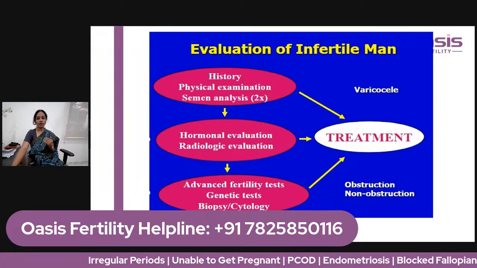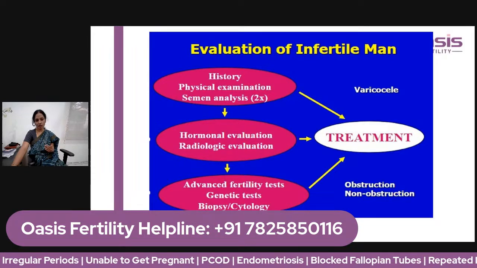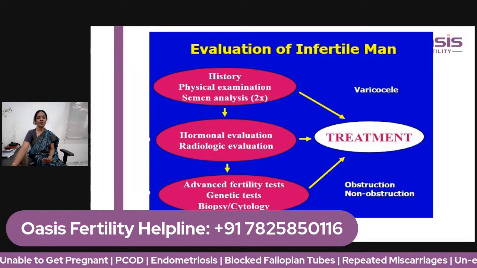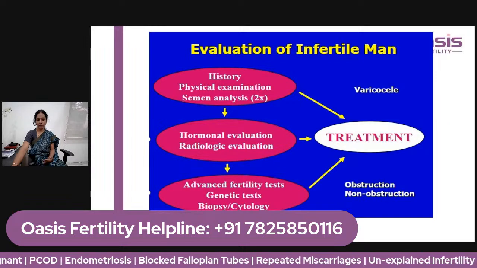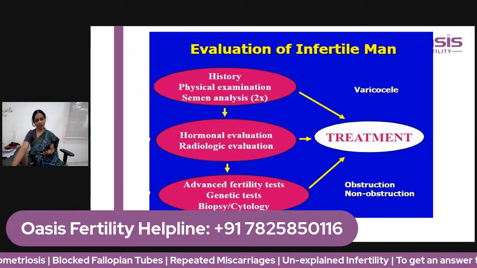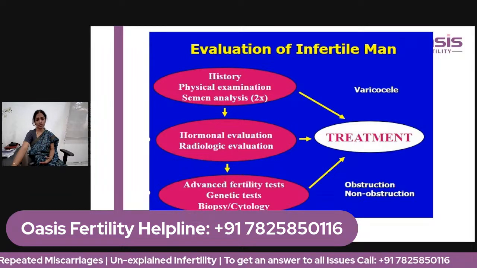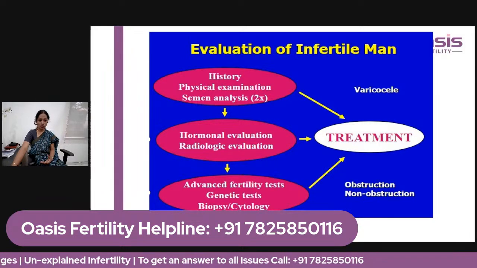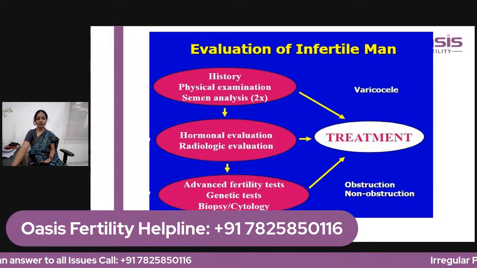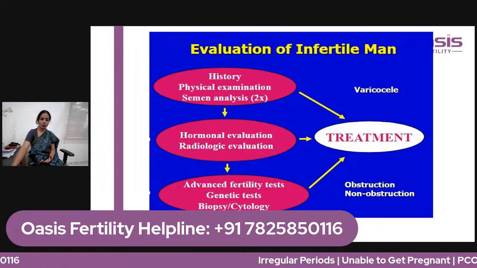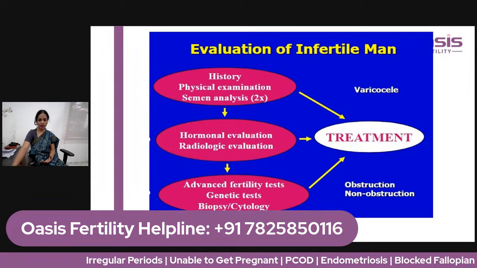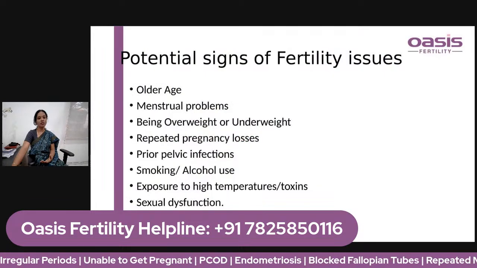Based on the result of your semen analysis, further evaluation may be necessary, especially hormonal evaluation, where we assess your thyroid, prolactin levels, testosterone levels, and pituitary hormone levels. Sometimes an ultrasound of the testes and scrotum is necessary. And for some men, additional testing is also important, including genetic testing and testicular biopsy. So this is a brief overview of fertility evaluation.